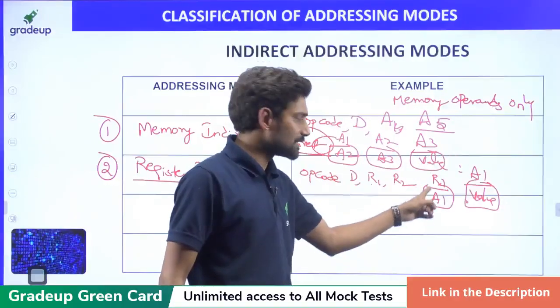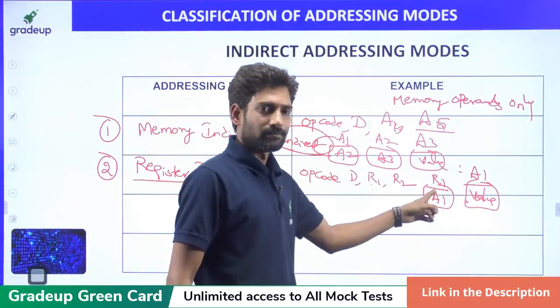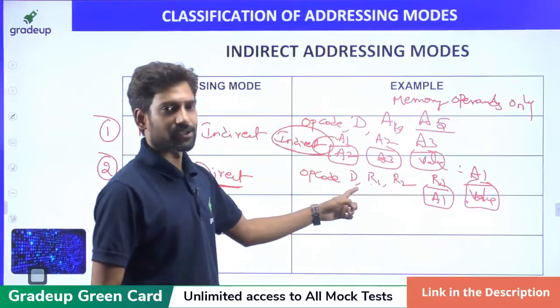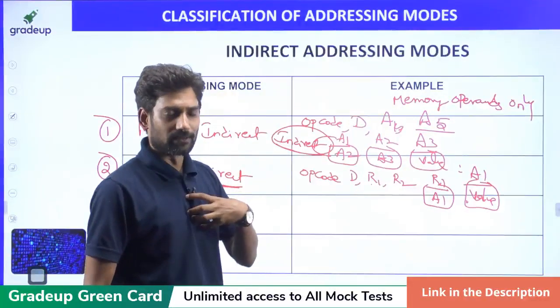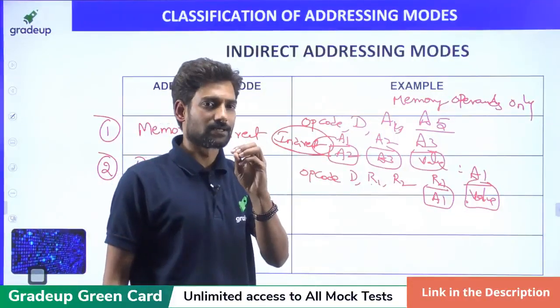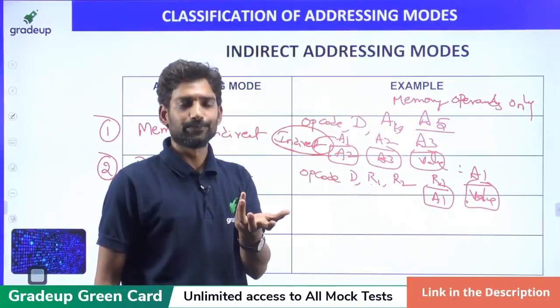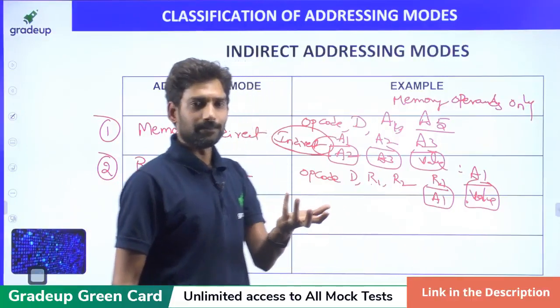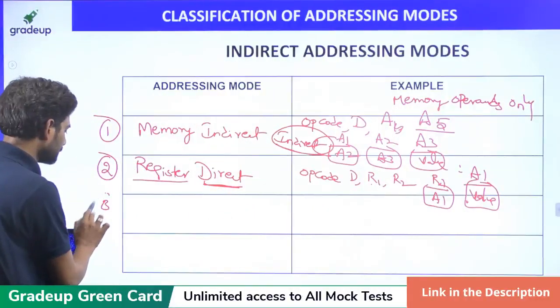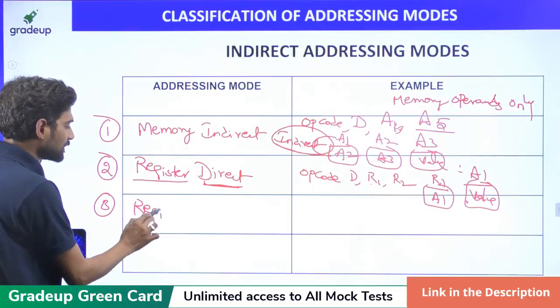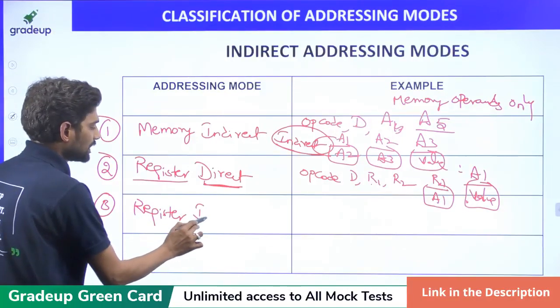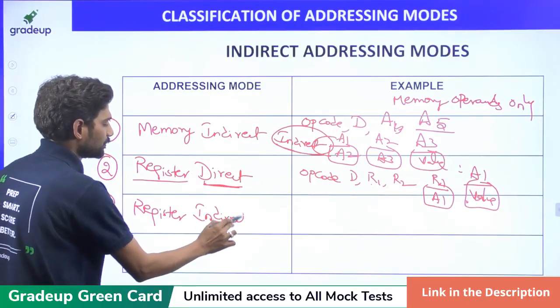Such a direct address is in the register that is there in the instruction. So the ALU got R1, in R1 there is an address, it will fetch that address, read it, and get the value. Then the third addressing mode is register indirect addressing mode.